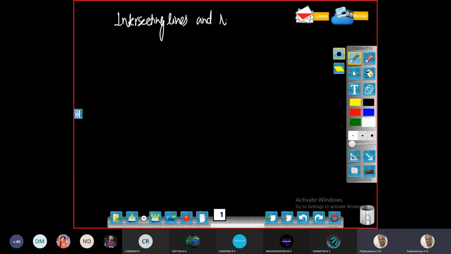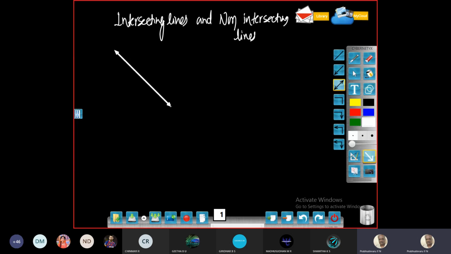Let me draw the diagram for this. This is an intersecting line. Non-intersecting lines must be parallel. Otherwise, they will intersect at some point.